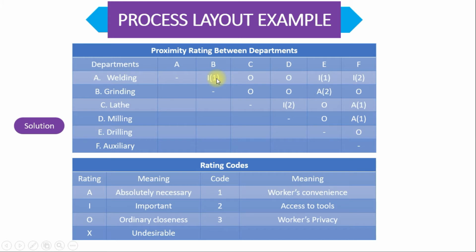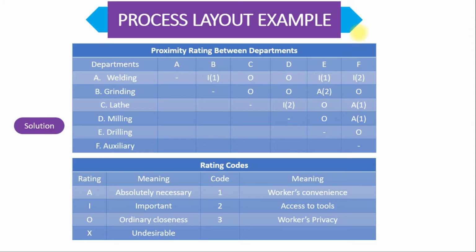Between welding and lathe, we have ordinary closeness, so not that important. Between welding and milling, also ordinary closeness. Between welding and drilling, it is important that they are close, with a rating of 1.